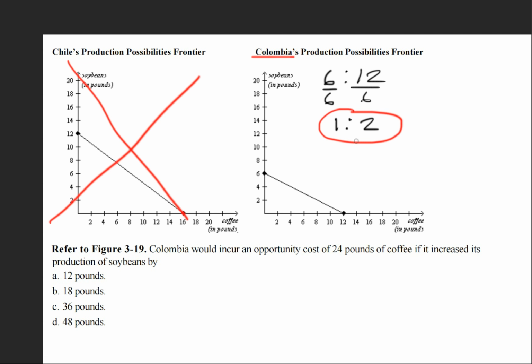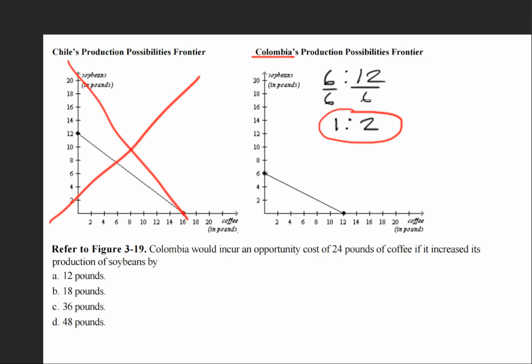Some may look at this and immediately go to answer choice A, which they would be correct because they realize that because it's a 1-to-2 ratio, 2 represents the coffee, and if we have 24 pounds of coffee, then we simply take half of that and we would get 12.